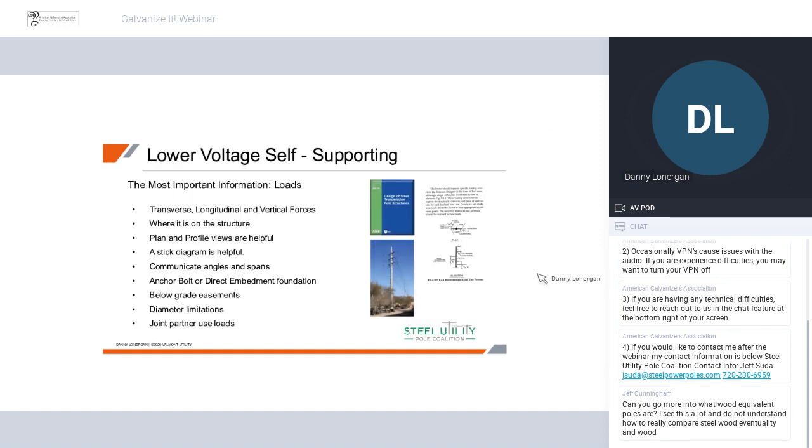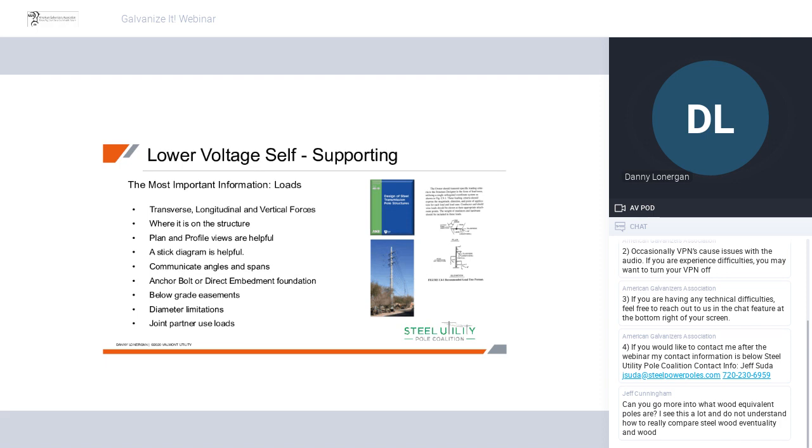Next, almost the last slide, is quote unquote self-supporting, low voltage self-supporting. This is another area of our business that is becoming more and more common. At a high level, what's going on here is pre-existing, typically low voltage, quote unquote distribution, wood poles that are guyed are being replaced, and either they cannot get a right of way or choose not to have a right of way for that guy.